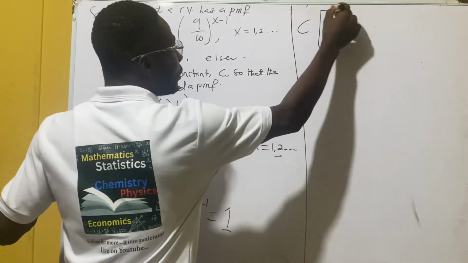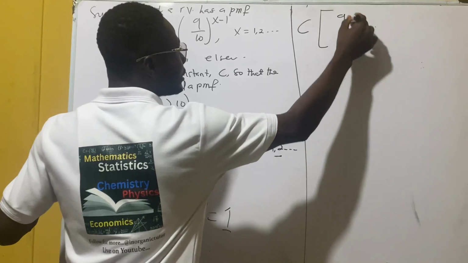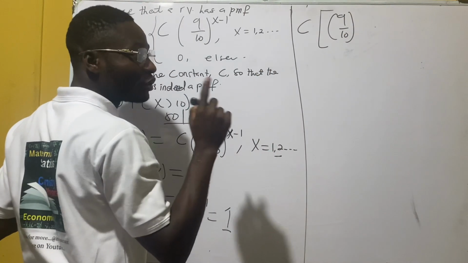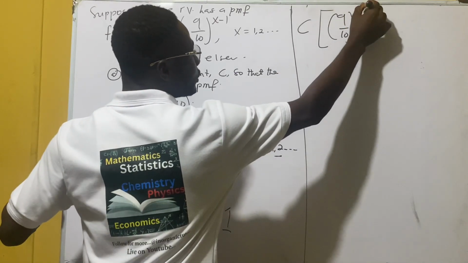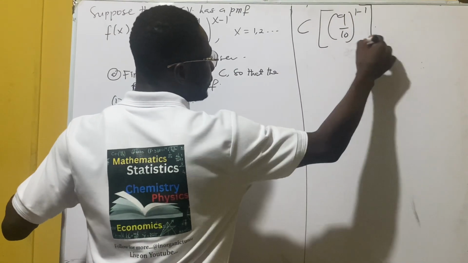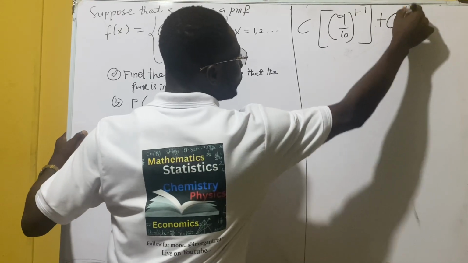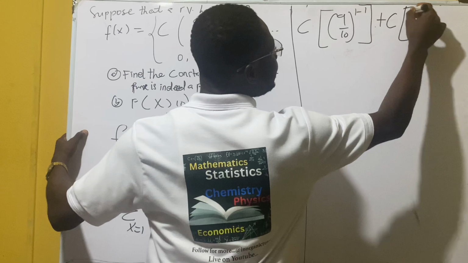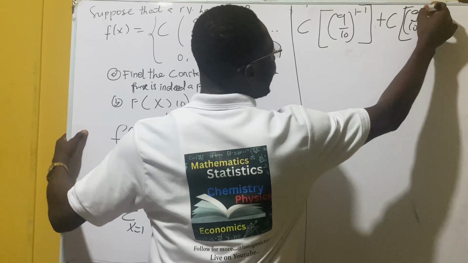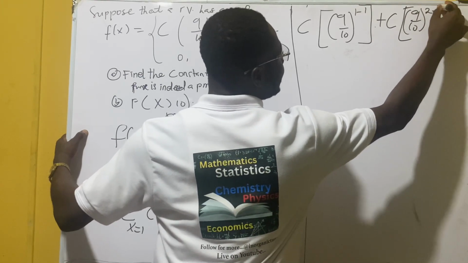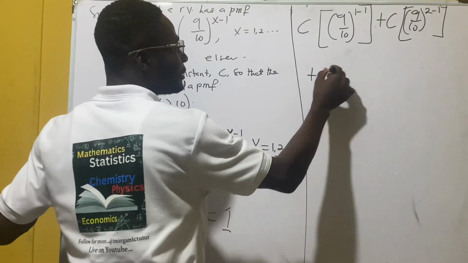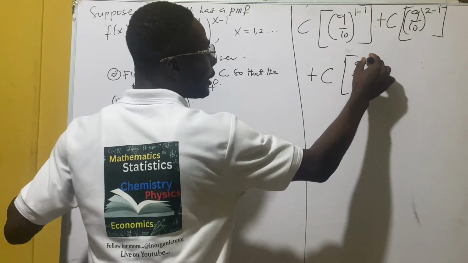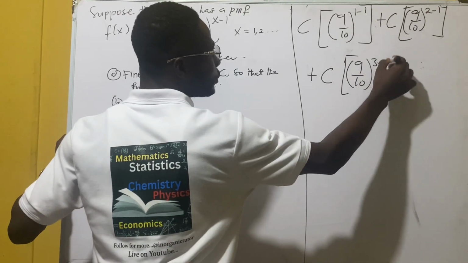So c into 9 on 10 power x minus 1, where we consider x to be 1, so 1 minus 1, plus c into 9 on 10 power 2 minus 1, plus c into 9 on 10 power 3 minus 1.